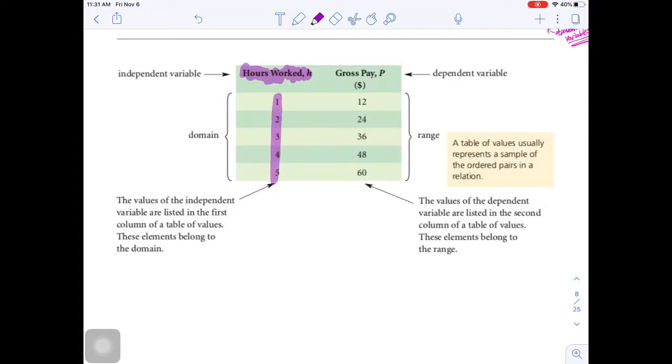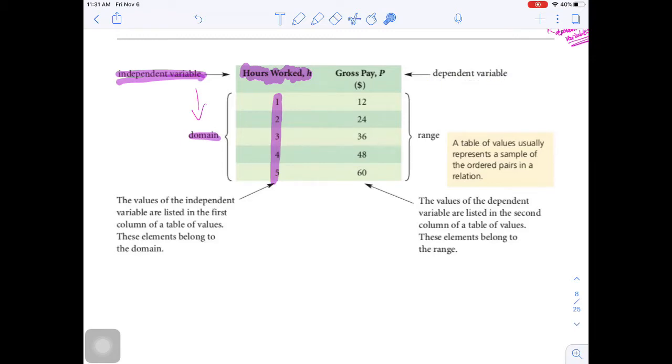Okay, because remember, independent and domain are essentially the same thing. Your independent variable is made up of your domain variables. Okay, and then you have your dependent variable on the right. Okay, and this makes up your range. So your range is made up of dependent variables.